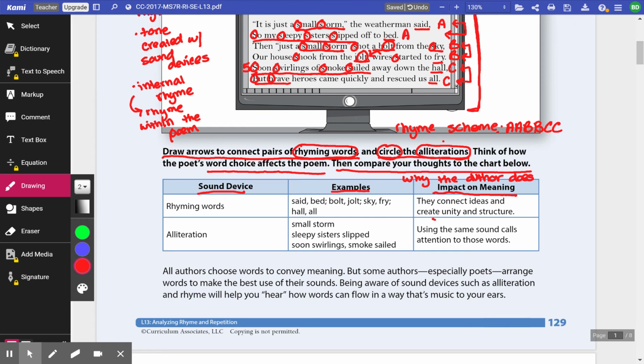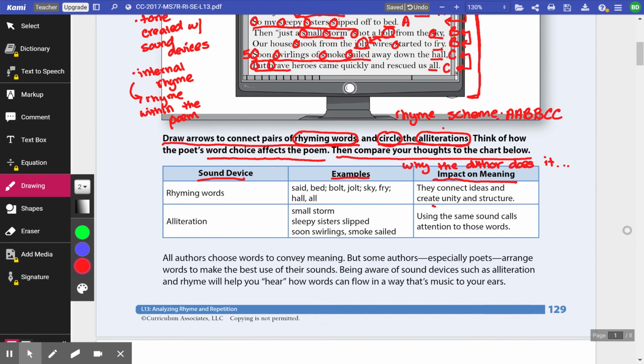So that's what you have to think about whenever you get to the impact on meaning. You're trying to figure out why the author uses those specific sound devices to establish their meaning or tone. All right, so we know that for this poem, we were looking at two specific sound devices. We were looking at rhyme, which deals with the same end sounds.